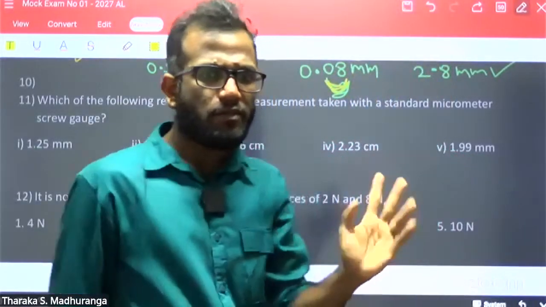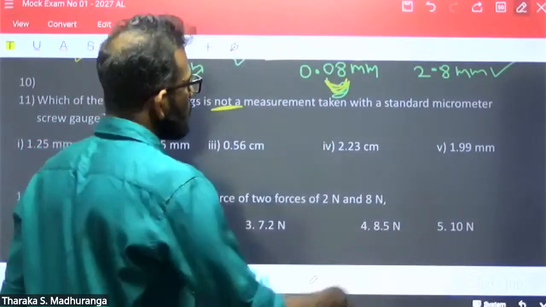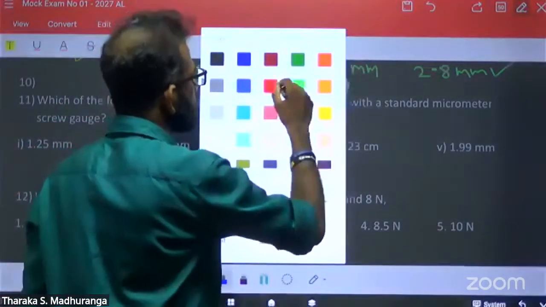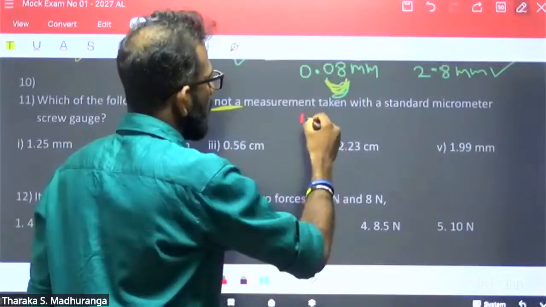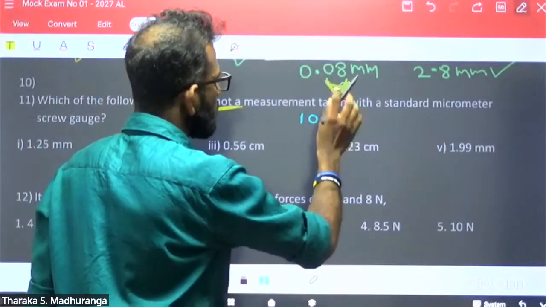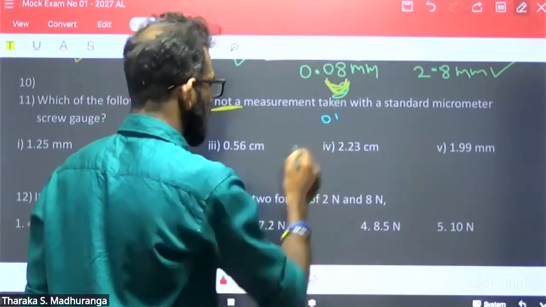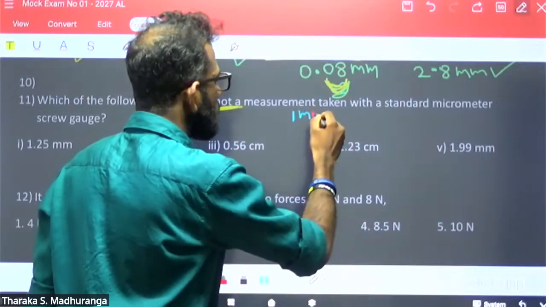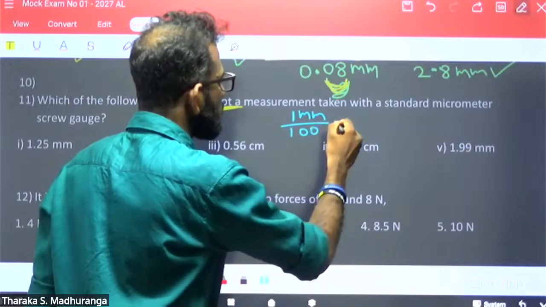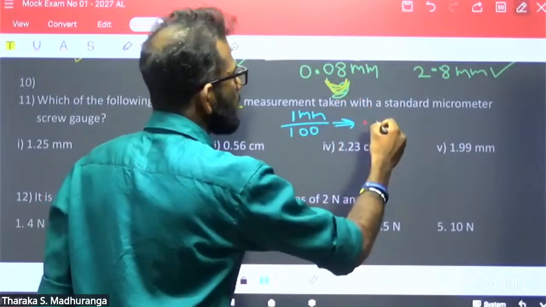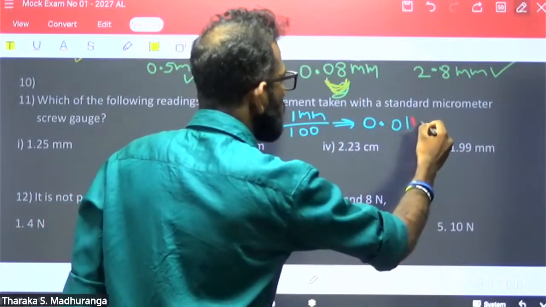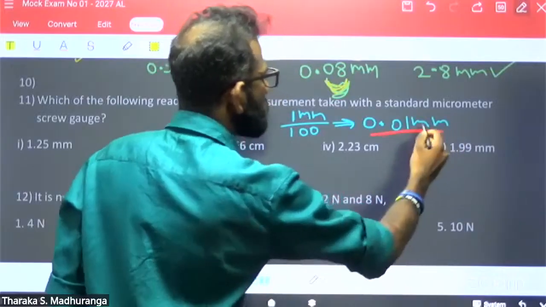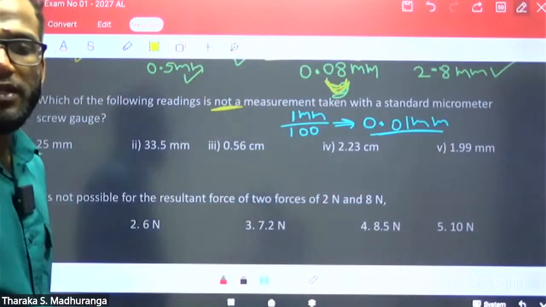Same method. 1 millimeter is divided into 100 parts. Then one part we can measure, that means the least count is 0.01 millimeter.